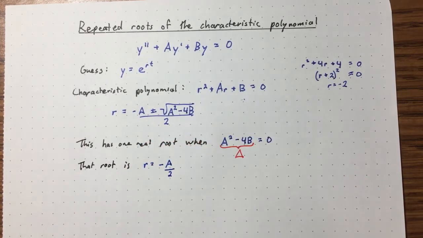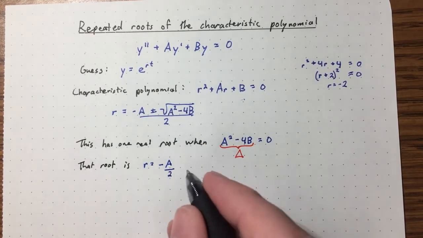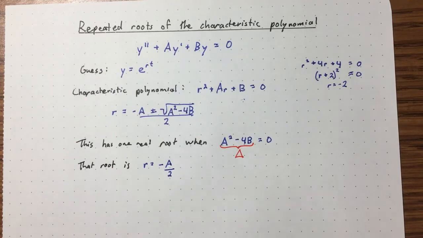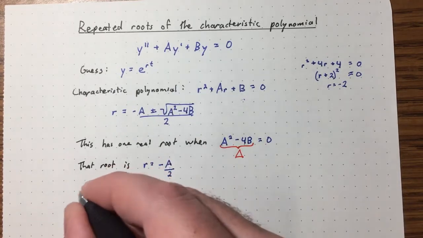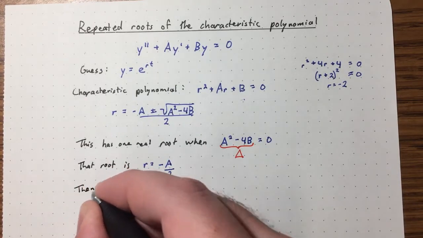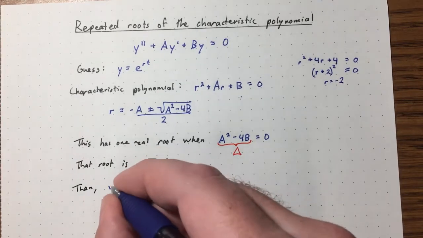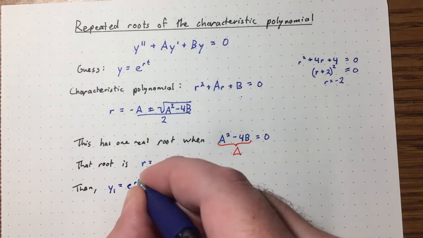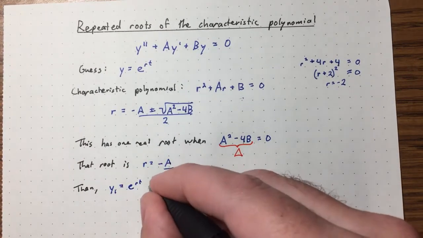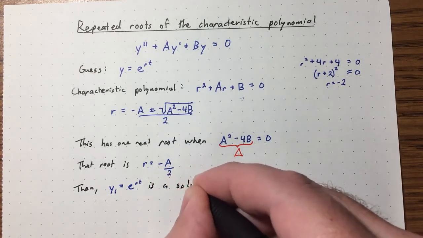And as we said, e to the rt is going to be a solution. So here's one solution: e to the rt is a solution.